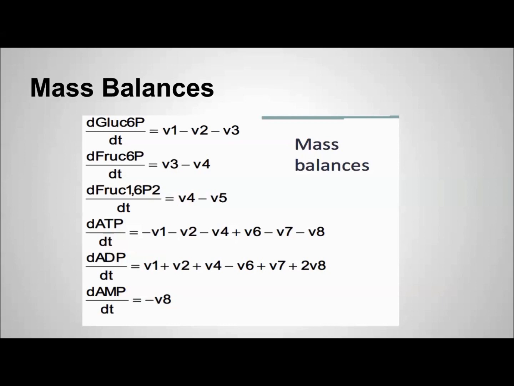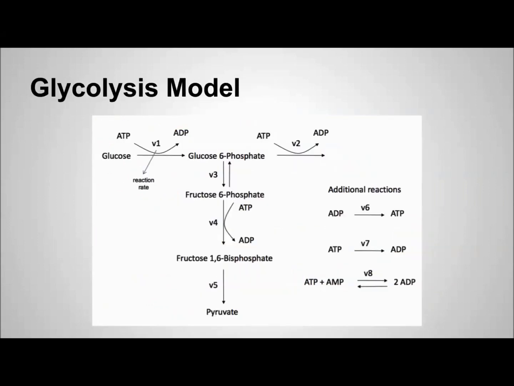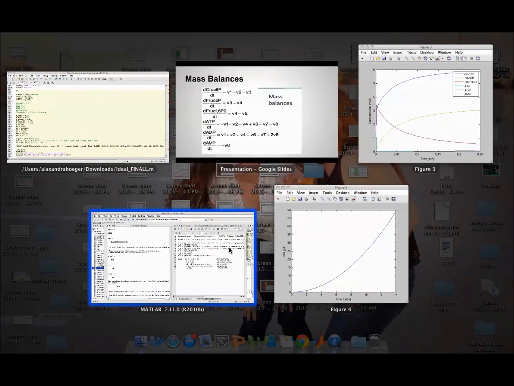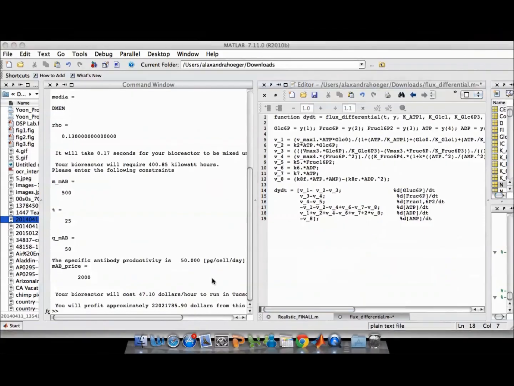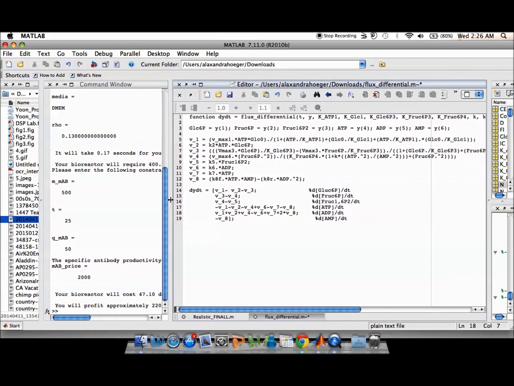We're going to follow that throughout the entire kinetic pathway for each of the changing metabolites. So that's basically how these differential equations are set up. In MATLAB, I solved them using ODE45. I set up my flux equations, and you can see them all here.